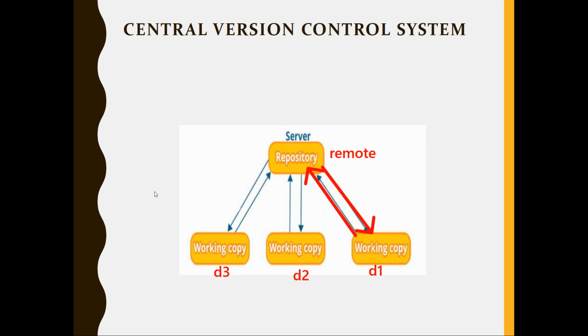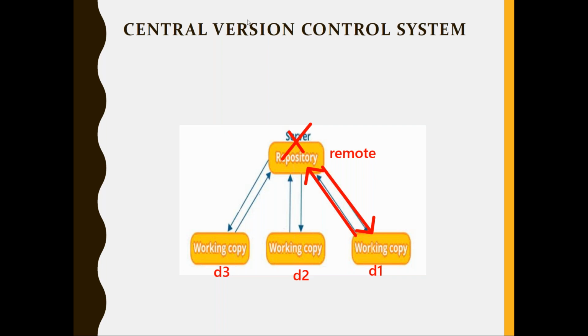Another drawback is if for some reason this remote repository is lost or crashed or gone, the chances of recovery are very low, because it works like a single source of truth, meaning you have all the code base at one location. So this is the simple architecture of centralized version control systems, and these are the drawbacks.